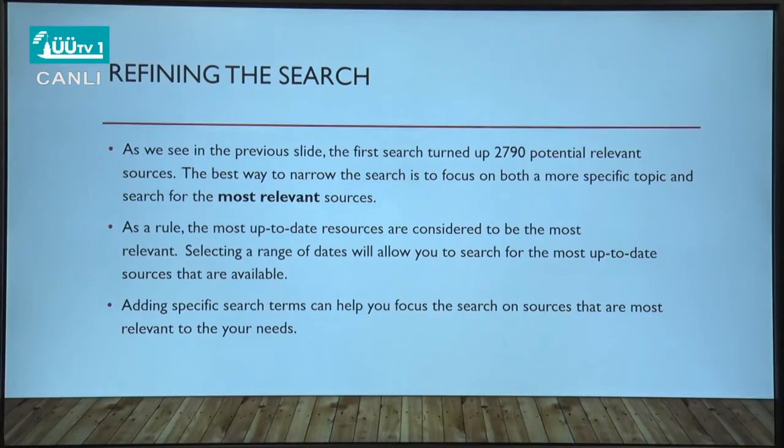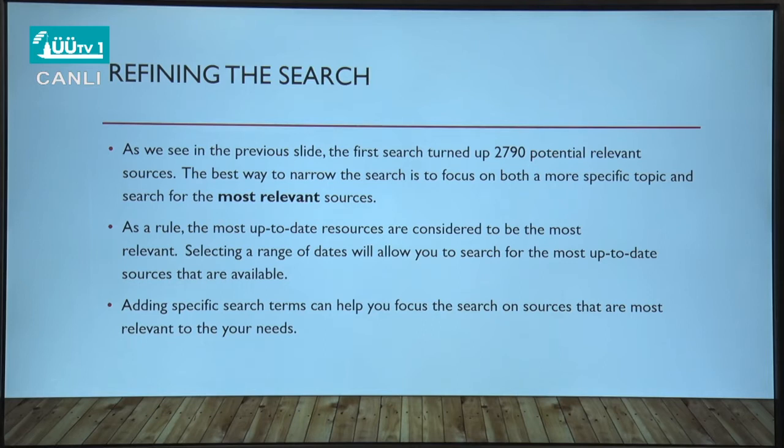Let's talk about it again. As you have seen in the previous slide, the first search turned up 2,790 potentially relevant sources. I should clarify that when we say potential, it means that it has the capacity. It is not the exact. It has the capacity, okay?